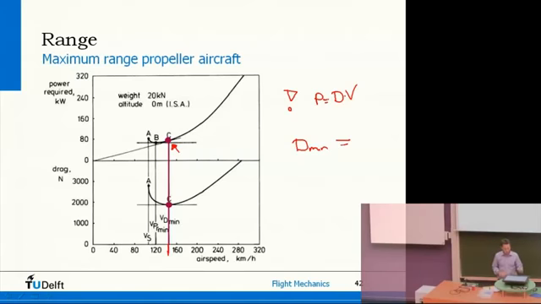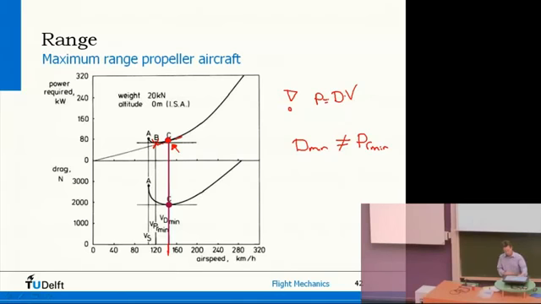Interesting to see maybe is that this point over here is actually where, if you draw a line from the origin, that's where you just hit the curve. Because power is drag multiplied with airspeed.